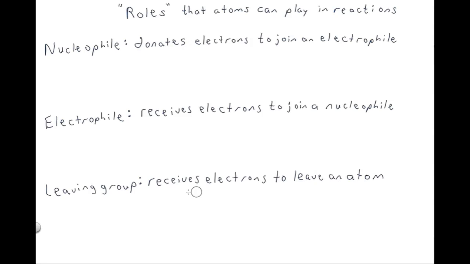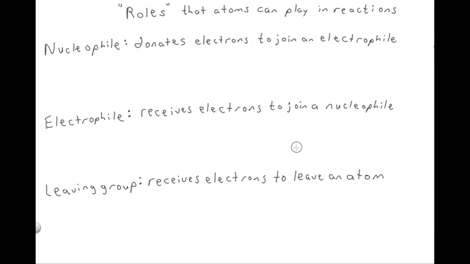Now you can see, how is a leaving group similar to an electrophile? They're similar because they both receive electrons. How is a leaving group different from an electrophile? They're different because an electrophile joins something else, whereas a leaving group is leaving something else. Now you can see why it's helpful to have a two-part definition for each of these roles.